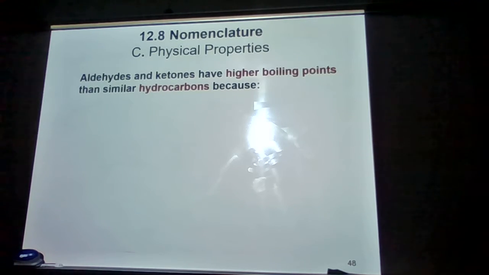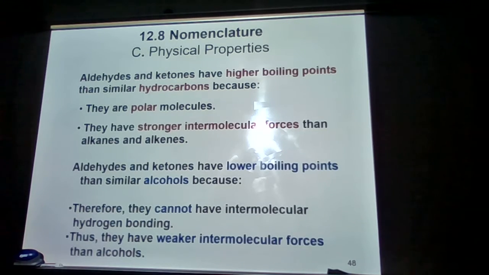Physical and chemical properties of aldehydes and ketones. They have higher boiling and melting points than similar hydrocarbons because they are polar molecules. They have dipole-dipole forces. They do not have hydrogen bonding, but they have more than just the dispersion forces as the alkanes do.